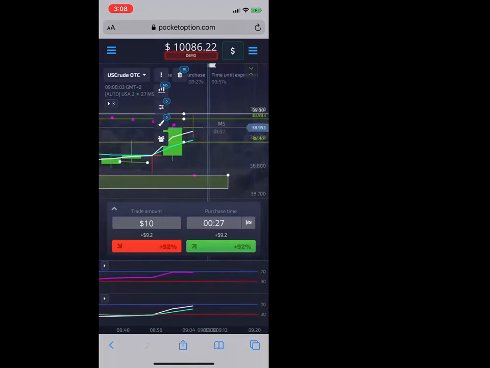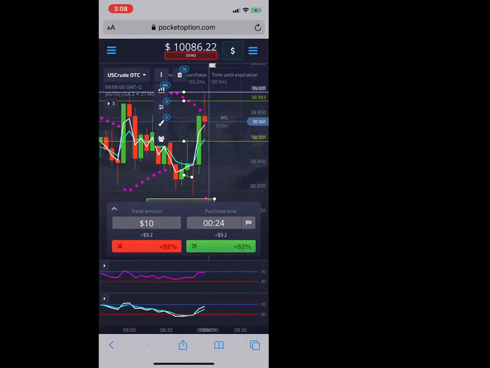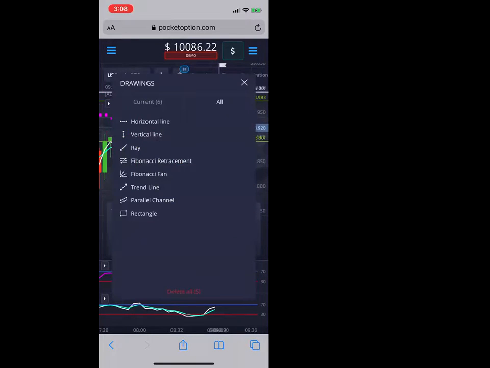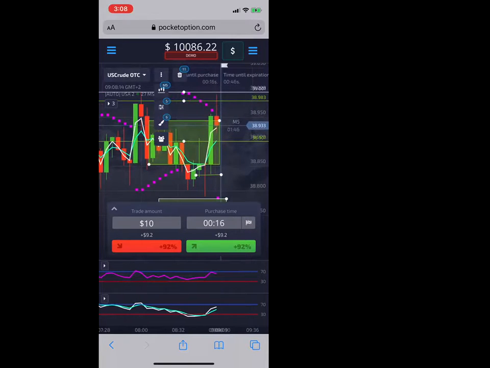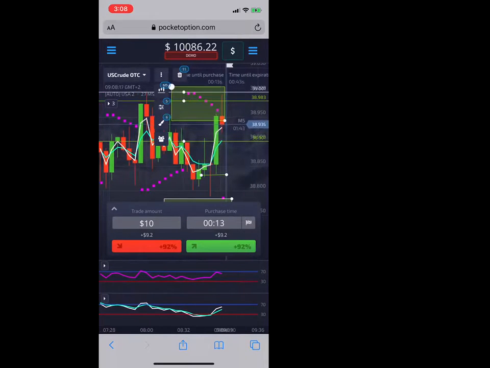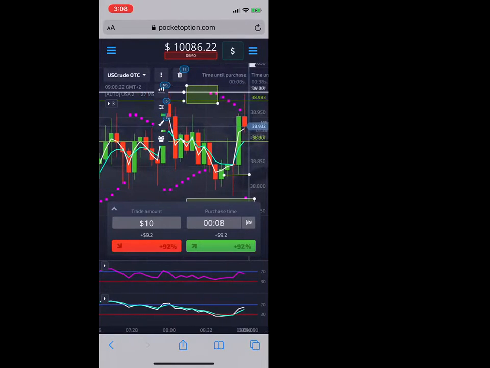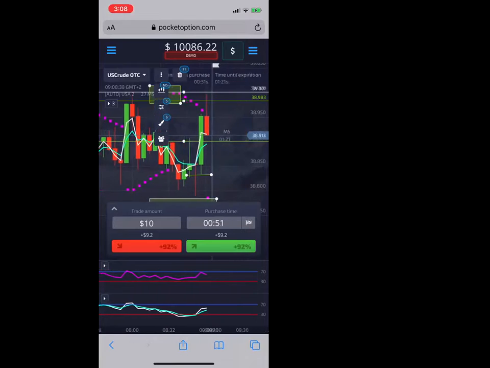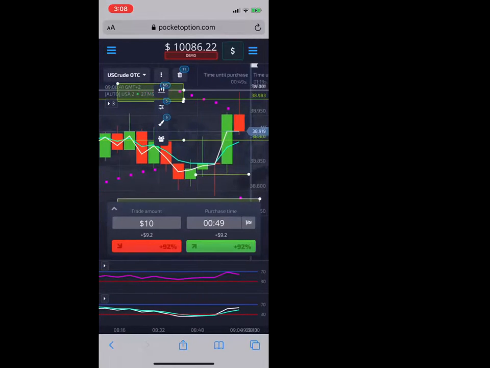You get a double parabolic, and it rejected off of a strong zone. So remember, the double parabolic on the 2 minute lined up with the same double parabolic on the 5 minute. So that's a strong rejection zone. And now you see the candle is shooting down.